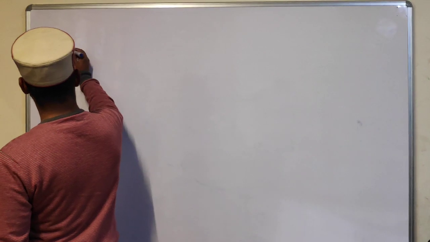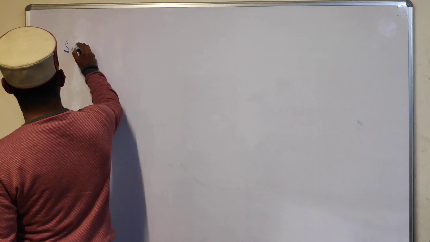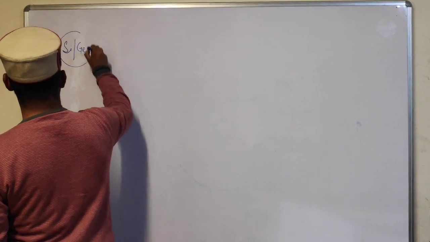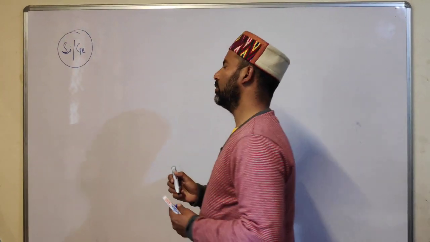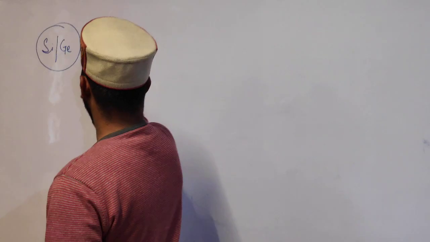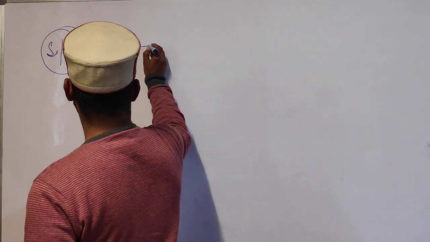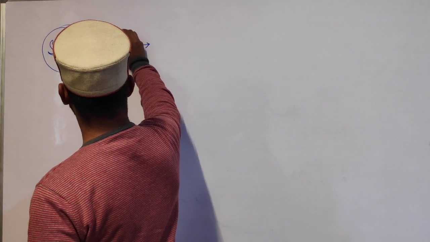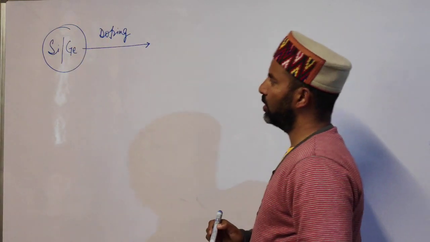Students, we know that silicon and germanium are the most commonly used semiconducting materials. Their electrical conductivity was increased by doping, and this phenomenon is called extrinsic semiconduction.